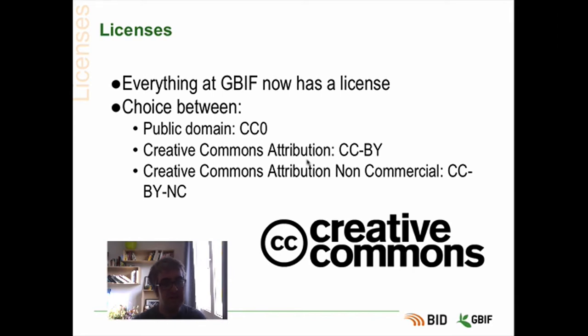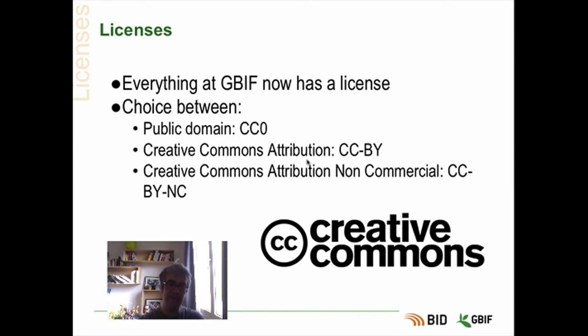And this was causing many problems for several reasons. For example, because GBIF is an aggregator, from the user point of view, what happens when you aggregate and use data from different sources with different use rules that are maybe incompatible? That was a big difficulty.